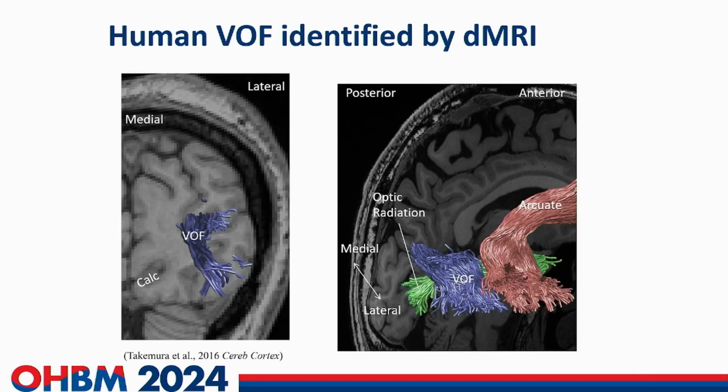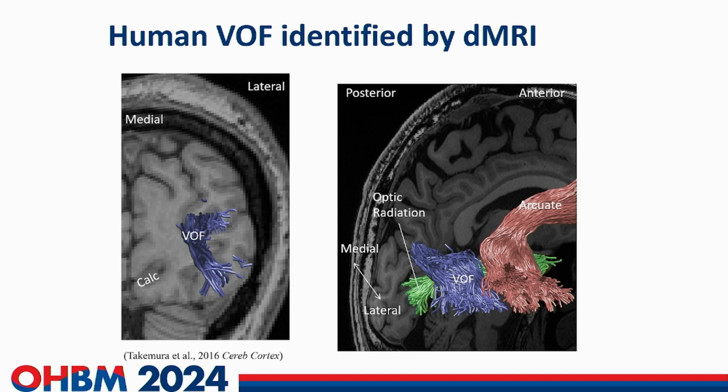So we tried to measure the VOF using diffusion MRI and tractography. You can see a nice representation of the pathway in the left picture, which is an overview from the coronal section in the occipital cortex. You can see that this pathway connects dorsal and the lateral part of the ventral visual cortex. The right figure is a sagittal section.